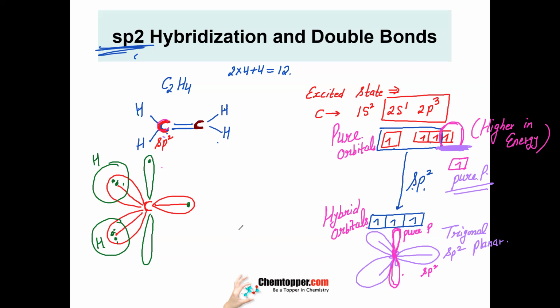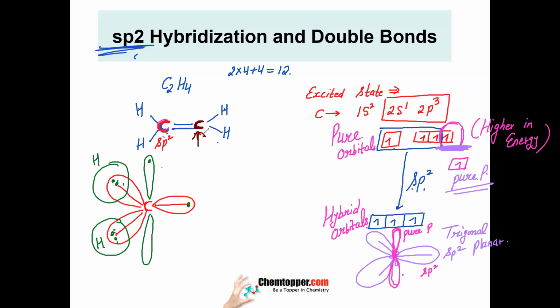Now, this carbon is sp2. What about this carbon? What is the nature of this carbon? Check the groups. How many groups on this carbon? Count the groups, children.